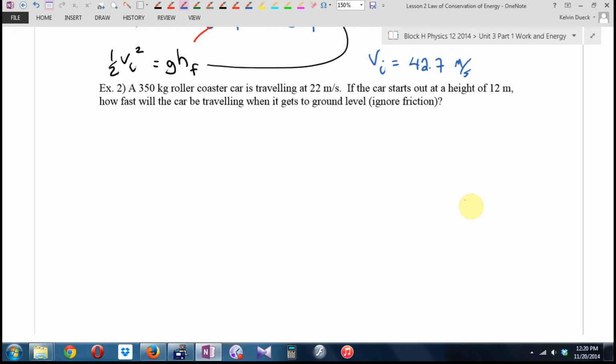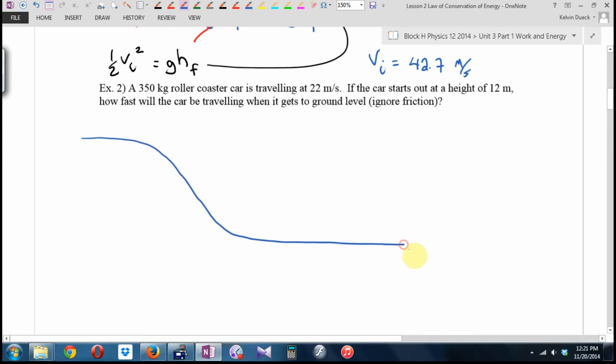You know what? We're going to draw a little picture. How about like this? There's my roller coaster. It's going to be traveling a curvy path.